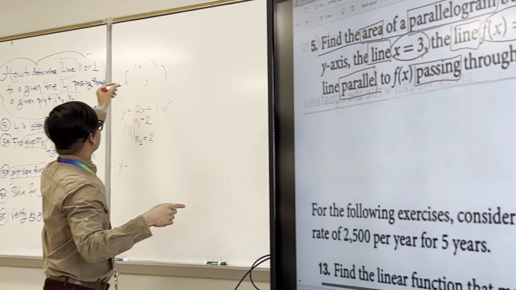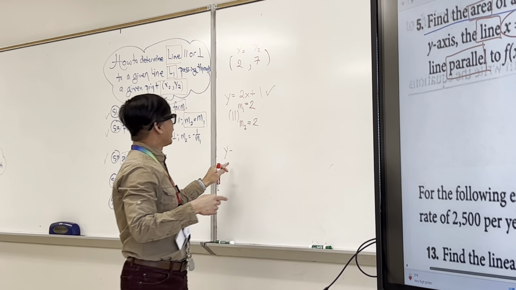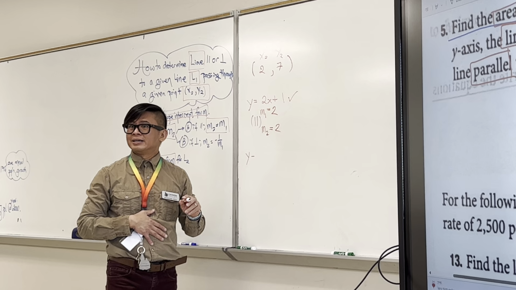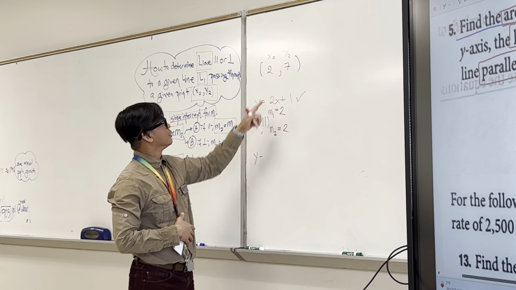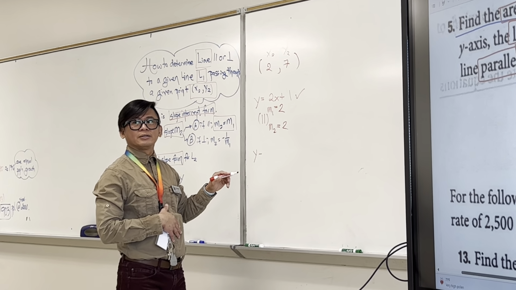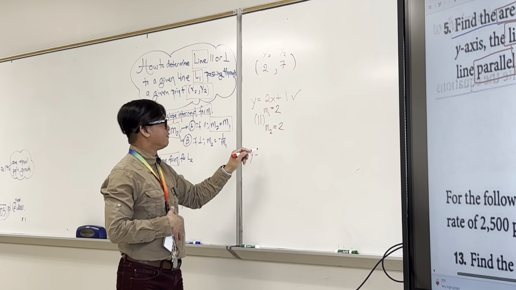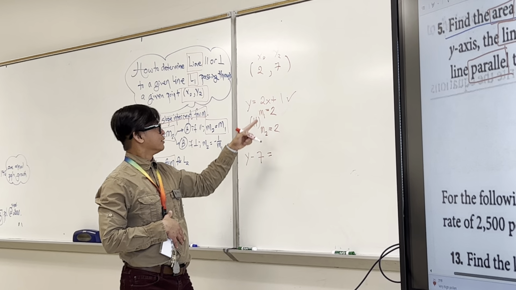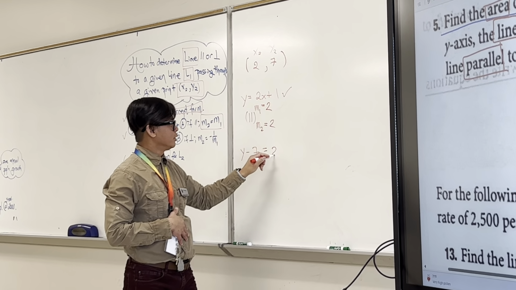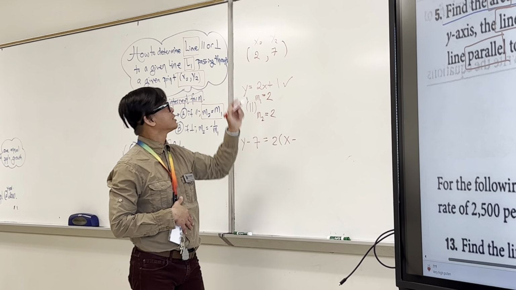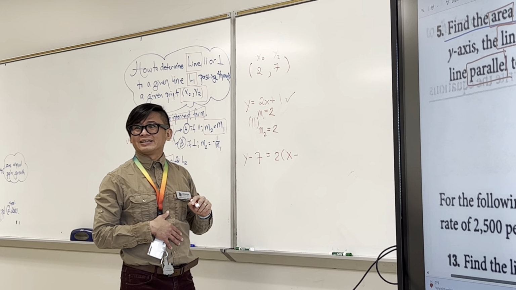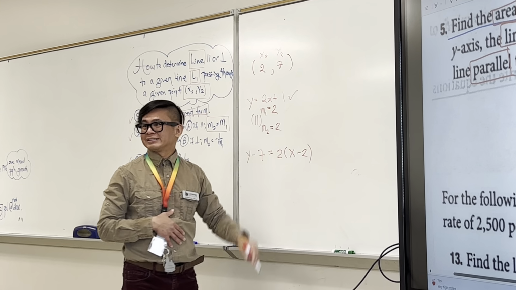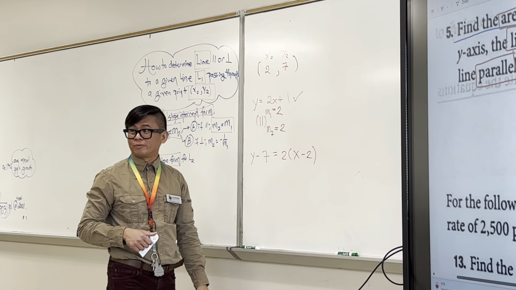So y minus 7 is equal to 2, parenthesis, x minus 2. Very good. Point-slope form.